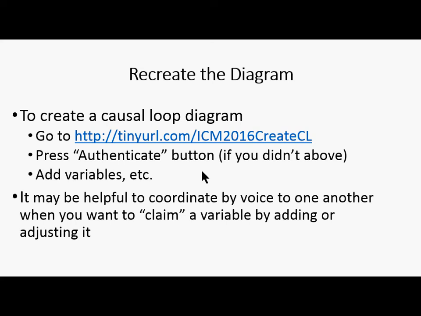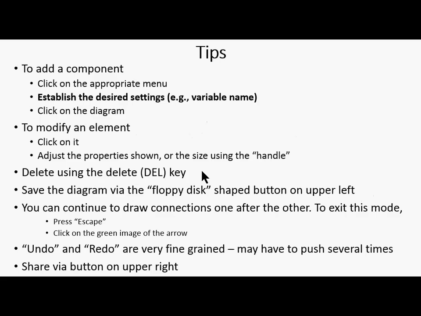To add a component, you click on the appropriate menu. You establish any settings. So if you want to add, for example, a variable called population that's a stock, you could do population. You could choose any settings for its size or width or what have you, and that's going to allow you to add it into the diagram.